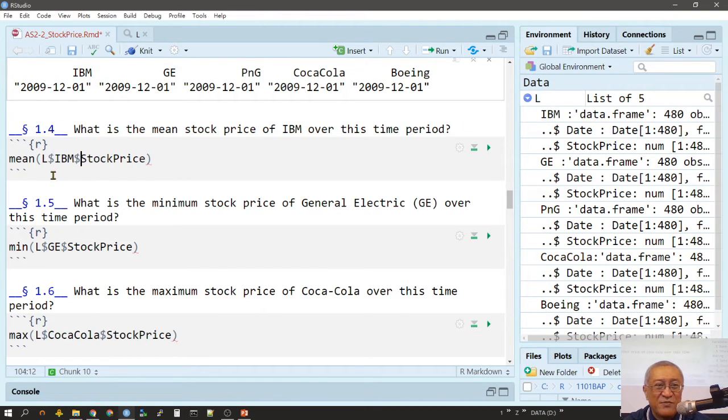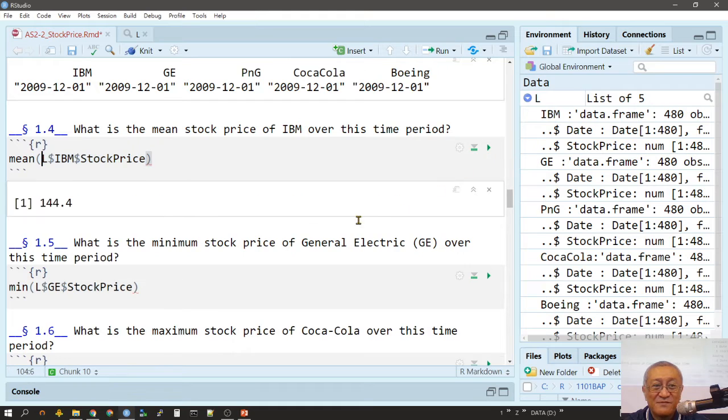It's pretty much the same as indexing into a data frame. It's because each element has a name, so you can index each of the sub-elements of L with each name. And then you want to see the stock price. This is the data frame, and now I want to see this column of the data frame. So this is the stock price of IBM, and you want to take the mean.